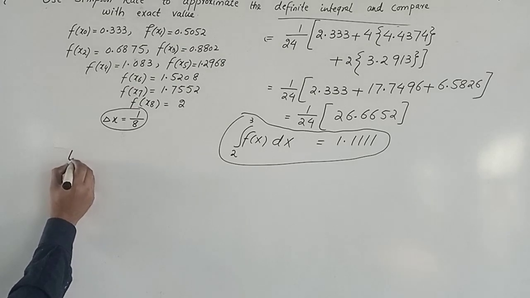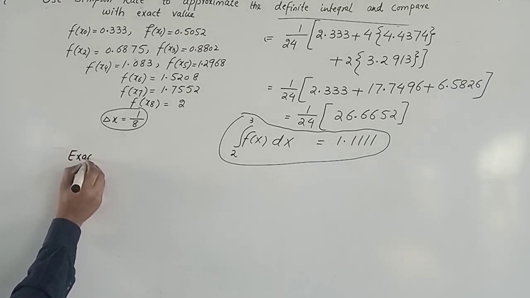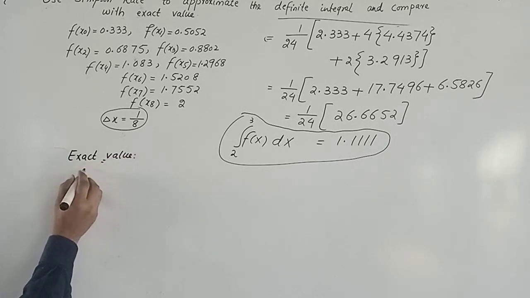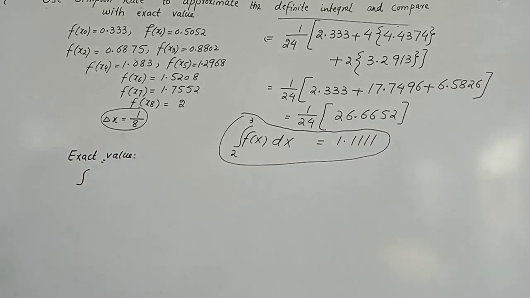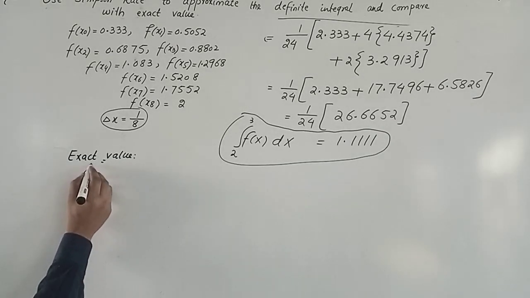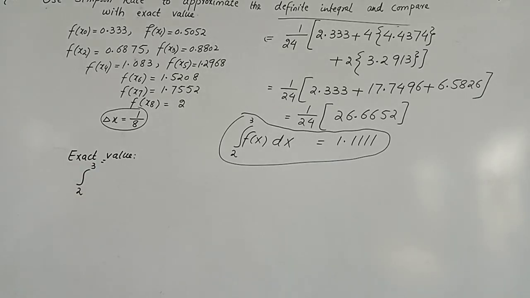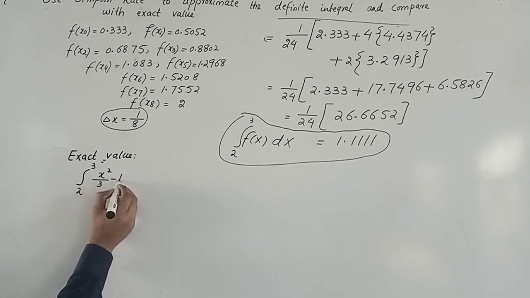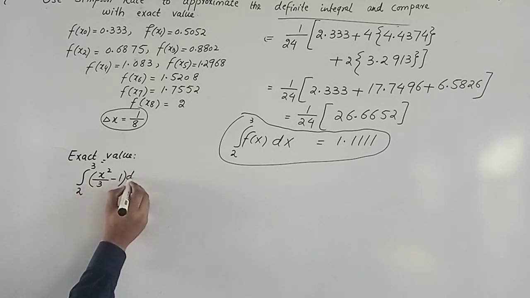Exact value: integration from 2 to 3 of x square divided by 3 minus 1 dx.